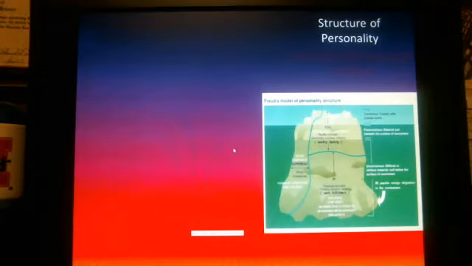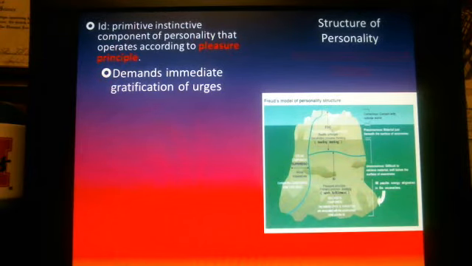All right, getting into the structure of personality with Freud. Basically what Freud says happens to us to develop our personality is that as we're going through different behaviors and experiences, our minds begin to make choices. And you have three different components that make up what Freud calls your structure of personality. The first is your id.